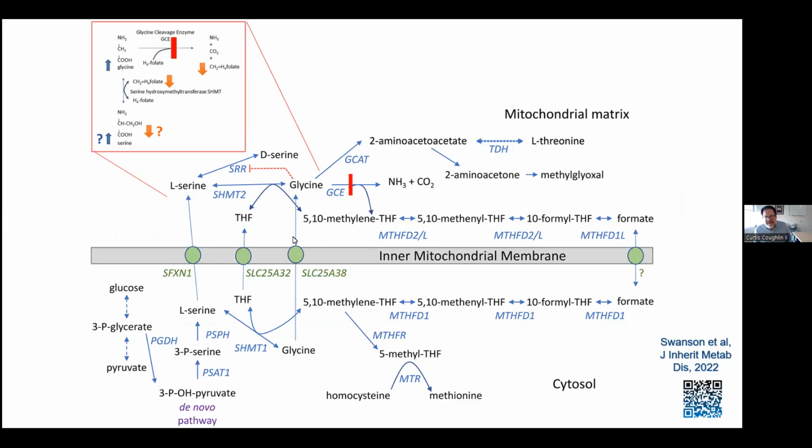Here, again, just because everybody learns differently, is another pathway that was published by Dr. Van Hove's lab just last year. One of the reasons I really like this pathway is that it's a reminder that yes, glycine is elevated. It's very proximal to the glycine cleavage enzyme block that you can see in red, but we should also see some other changes in amino acids, mainly serine and threonine.